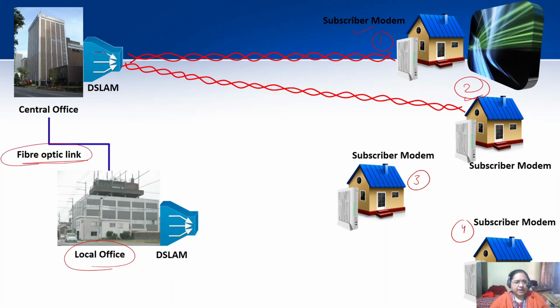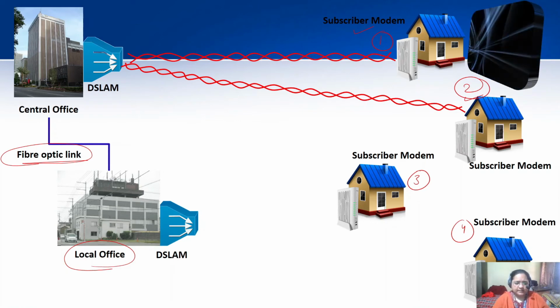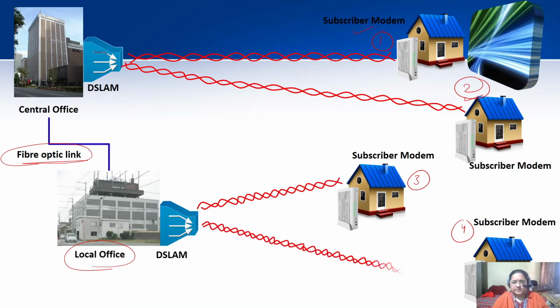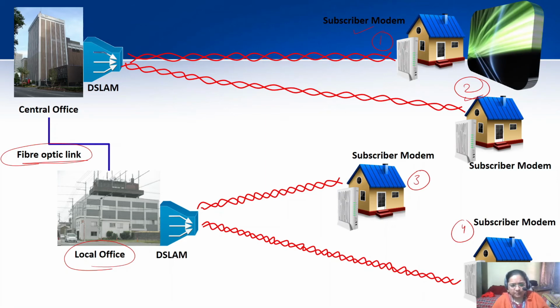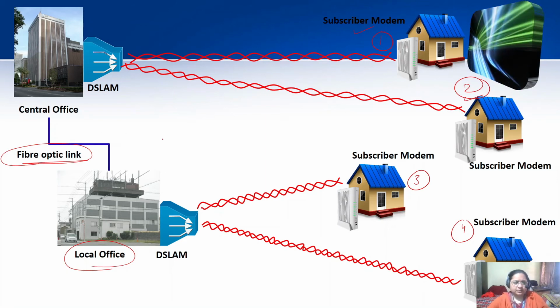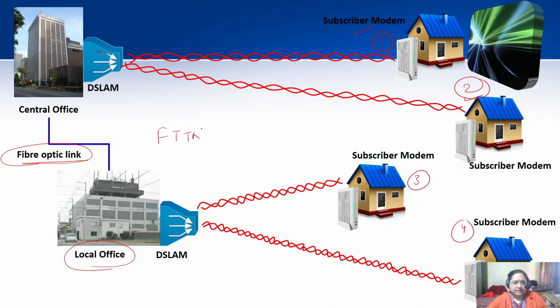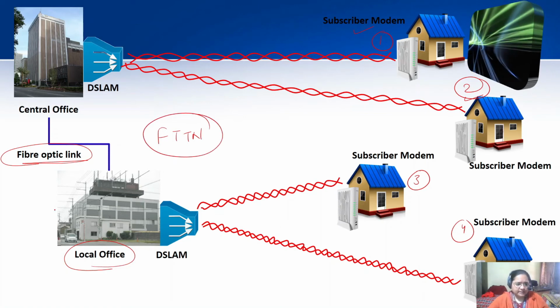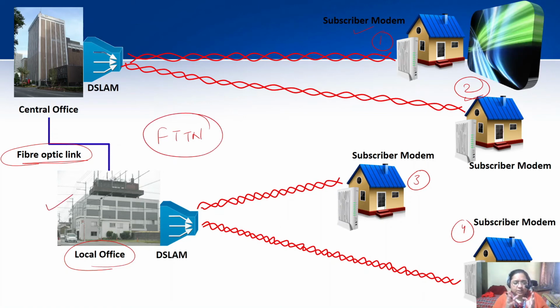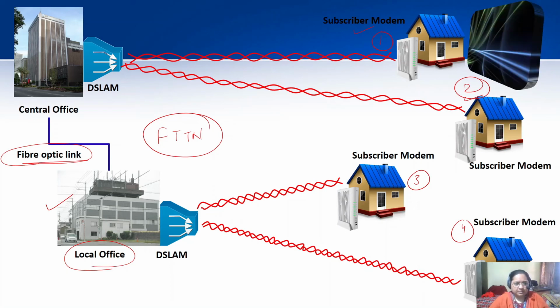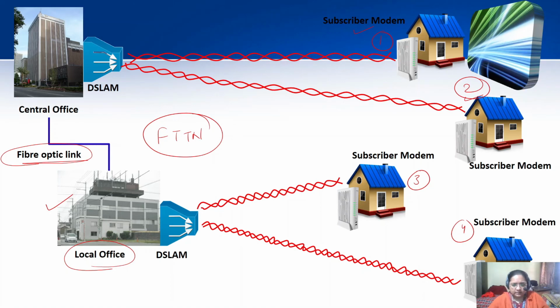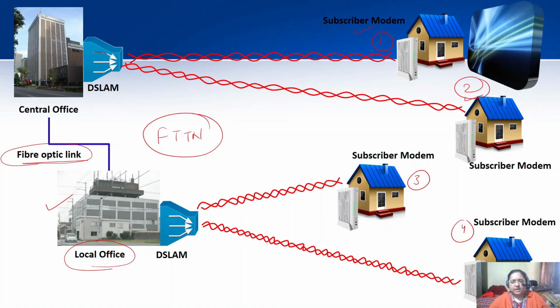There would be fiber optic links which provide the internet connection, and from this local office DSLAM to the subscriber modem you would have the normal copper service. So this is fiber to the node, FTTN connection, where this local office is considered as a node, and fiber optic links are only up to this node, and subscribers don't have to face any major changes in infrastructure.